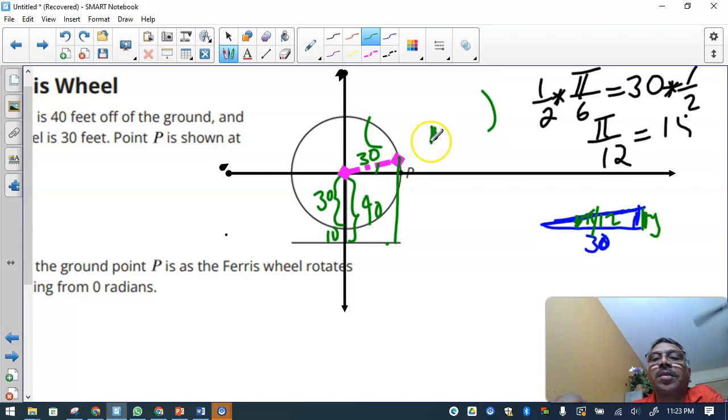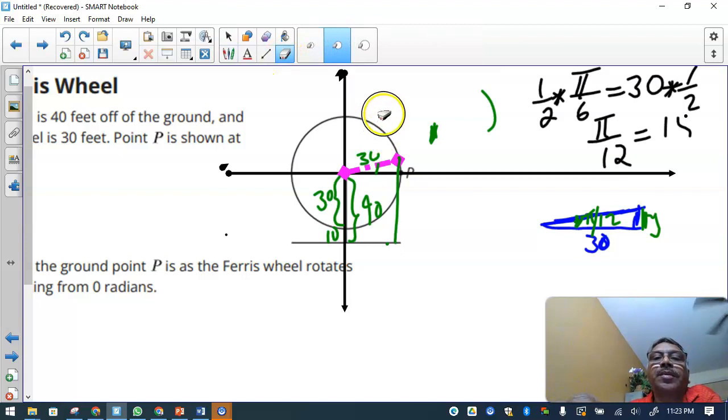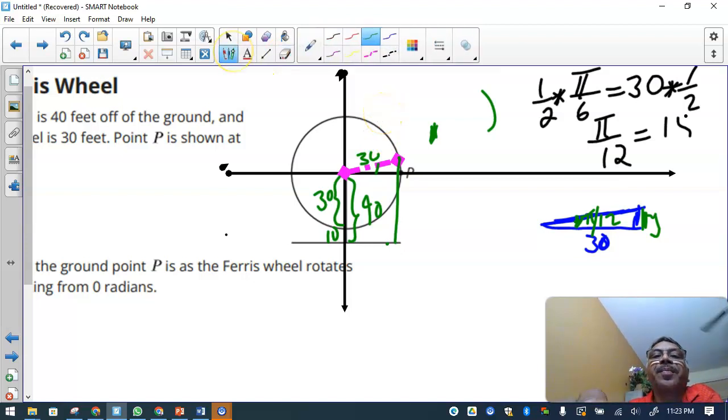First of all, this is cosine, let me clean this. So this is 30 cosine of pi by 6, and the other one is 30 sine of, not pi by 6, pi by 12.